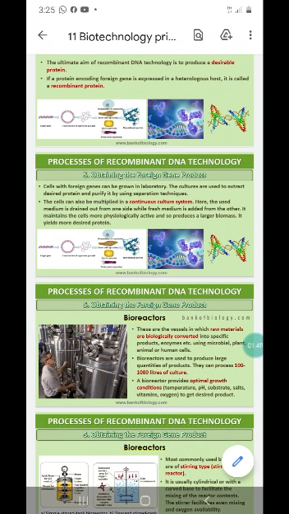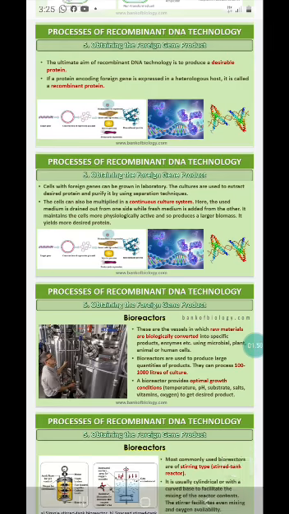Now, instead of using a bacterial cell, we can use bioreactors. A bioreactor is a large vessel where you can get large quantities, nearly 100 to 1000 liters of the culture of the product, whatever product we are intending.